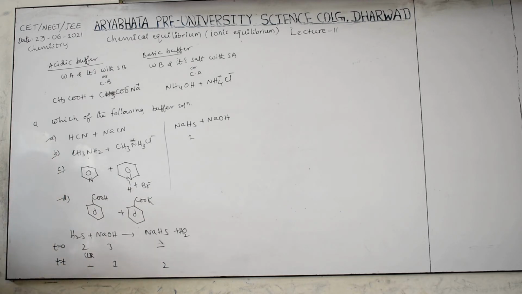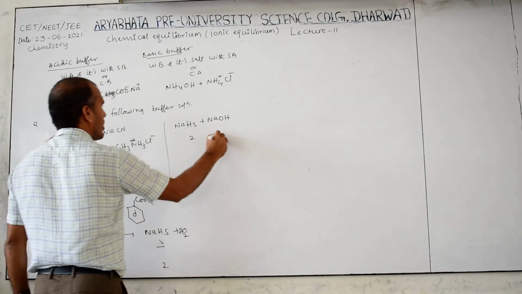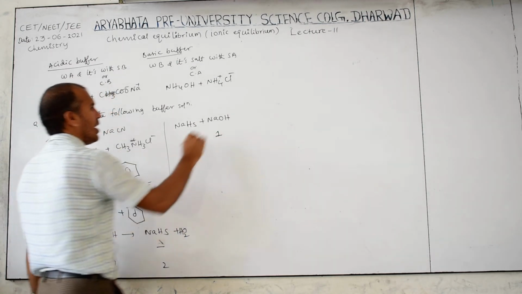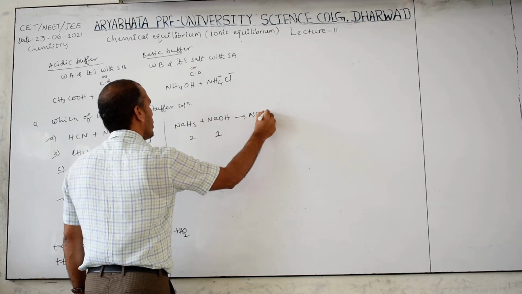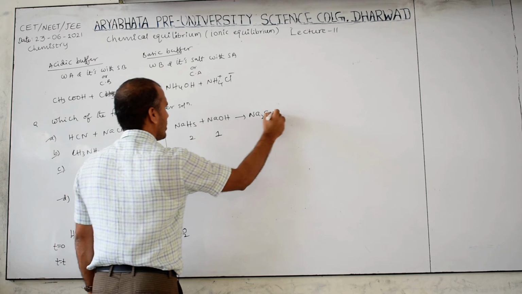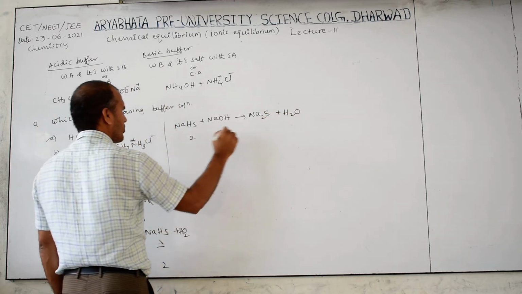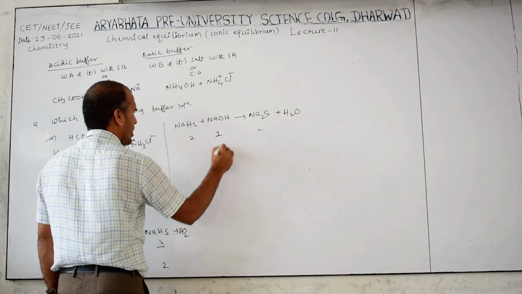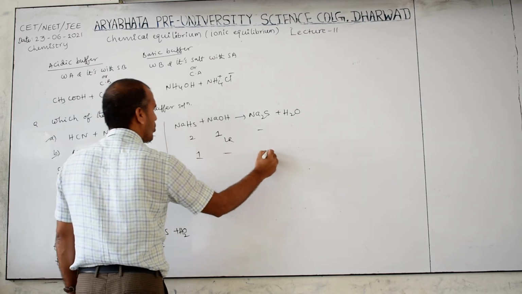Therefore, in the reaction mixture, there are 2 moles of this and 1 mole of this. Clear? Now they react and form Na2S, with 1 H and 1 OH forming H2O. This is the limiting reagent, so here 1 mole is left and here 1 mole forms.